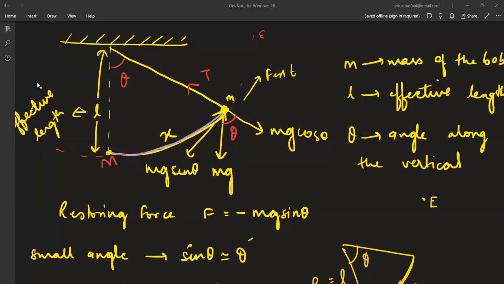So is mg cos theta equal to the tension? Yes, tension will balance mg cos theta, right?